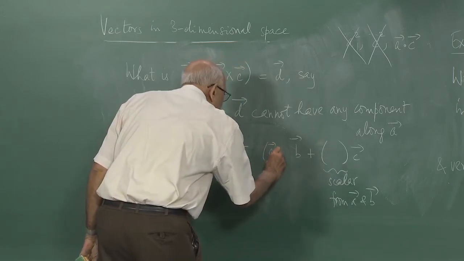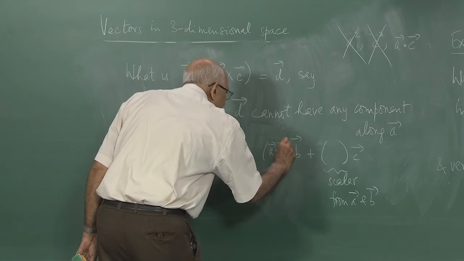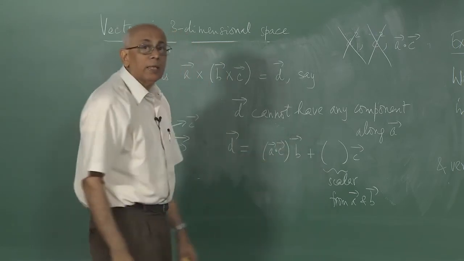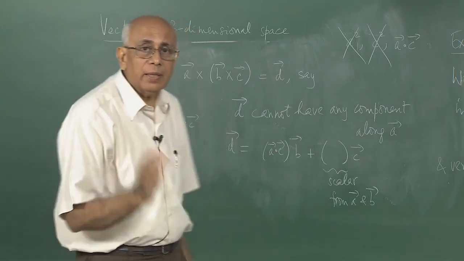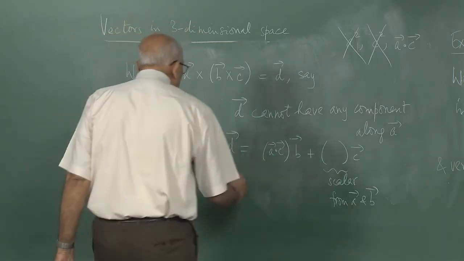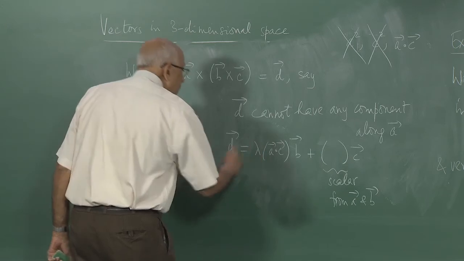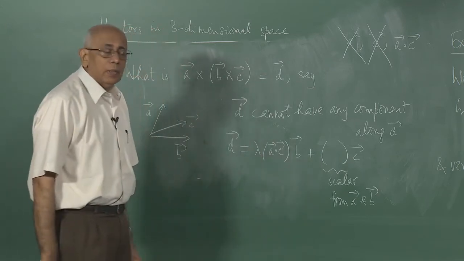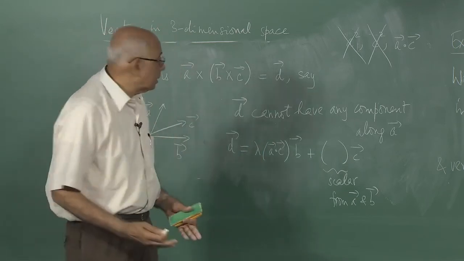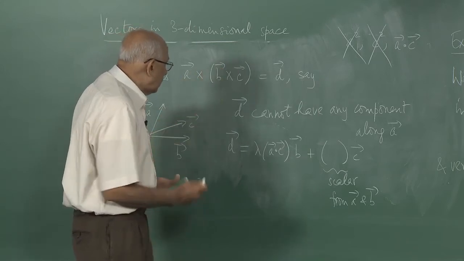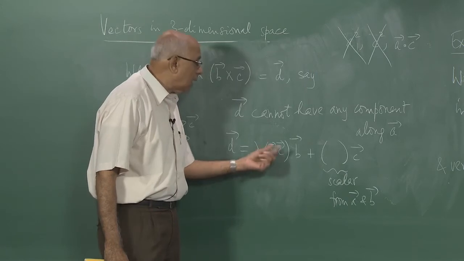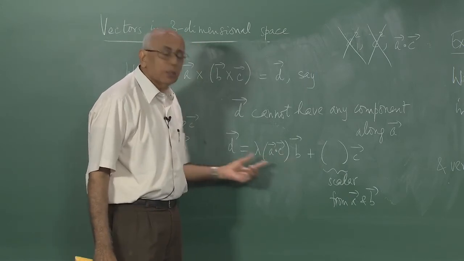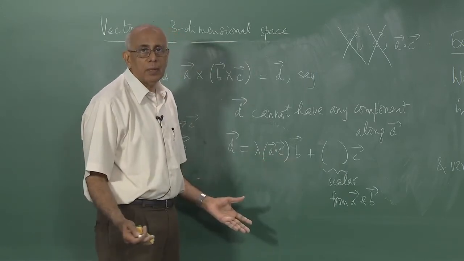And I put it in bracket to tell you that it is a scalar, A dot C times B, but there is nothing to stop this from being square root of pi times A dot C or 18 times A dot C, we do not know. So there is some constant lambda times A dot C, an absolute constant, because independent of what A, B, C are, this thing here must be the same number. It cannot depend on A, can't depend on C, can't depend on B. So therefore it has got to be a pure number, a dimensionless number.